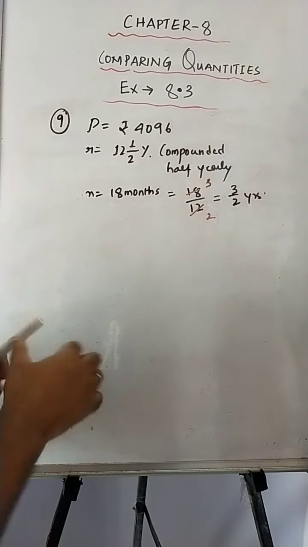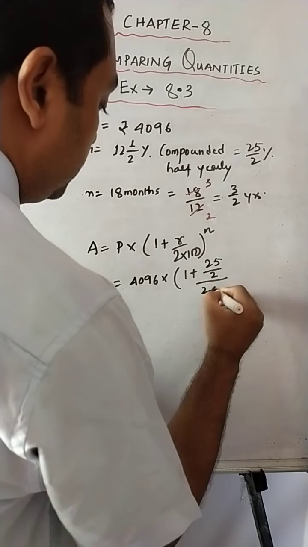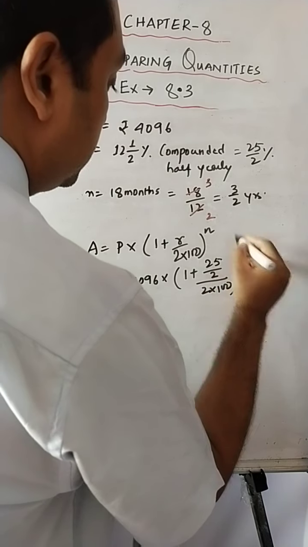that is P into 1 plus R by 2 into 100, to the power 2n. So what is P? P is 4096 into 1 plus 12 1 by 2% can be written as 25 by 2%. So in place of R we'll write 25 by 2, by 2 into 100, to the power 2n.